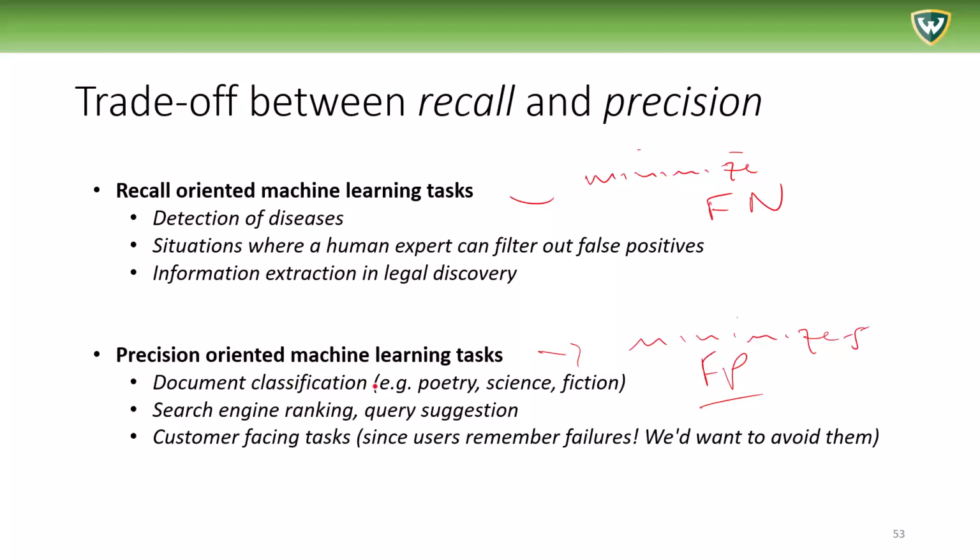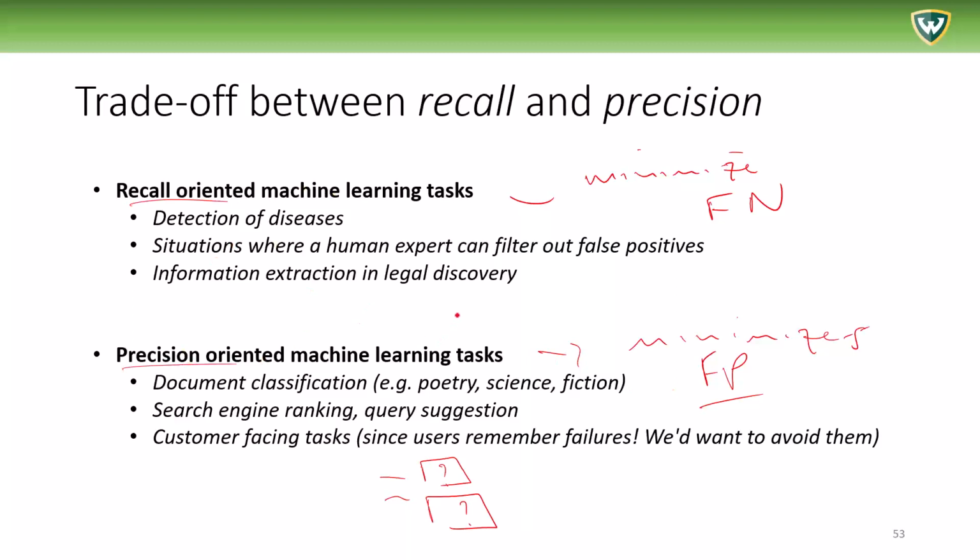Document classification may be a task for that, or search engine ranking and query suggestion, and various related tasks where it's customer-facing, and the idea here is that the user will remember the failures, so we want to avoid them. We don't want to identify pages that make the user say, oh, this is wrong, this is not the page that we were looking for. So you are minimizing the false positives in this context, and that's a precision-oriented approach.